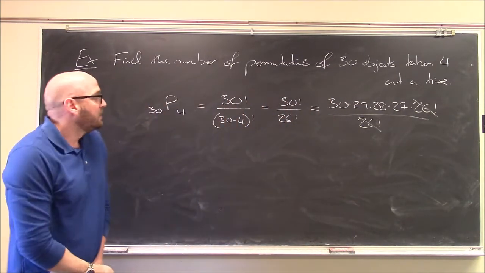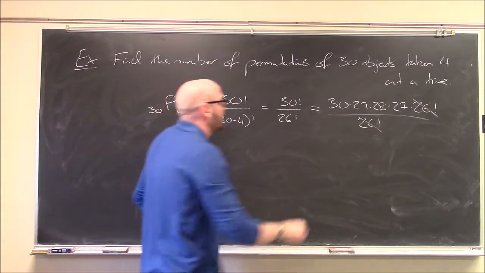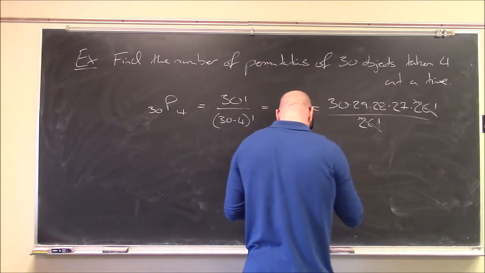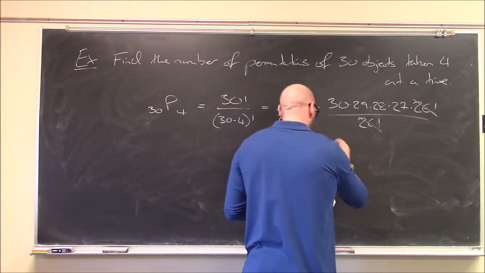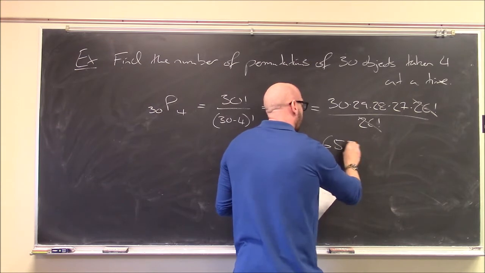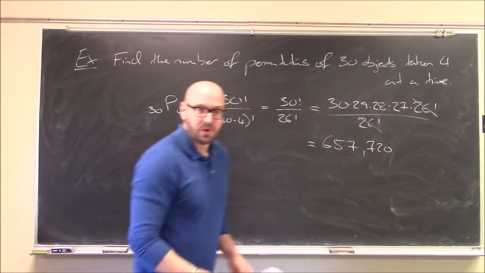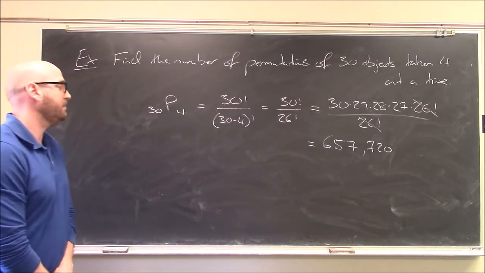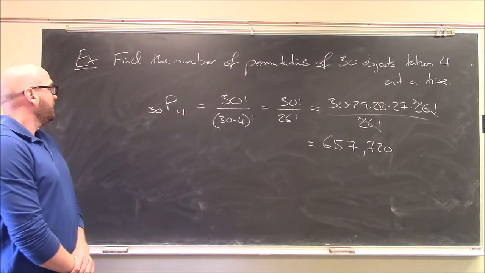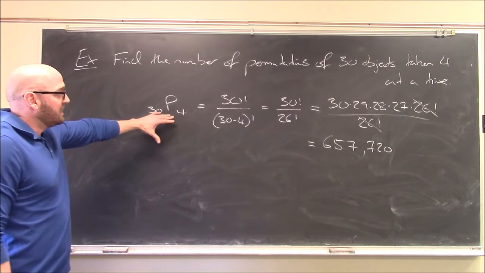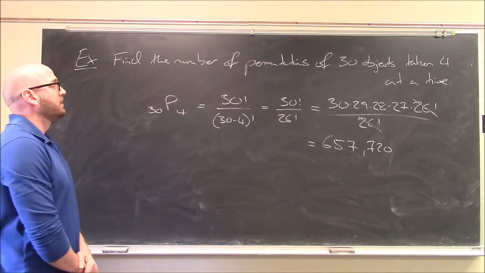Those guys cancel. This looks like a pretty big number. I would just plug this into a calculator and I get 657,720 different permutations. So as long as you understand what this expression is and how to apply it, these problems aren't particularly difficult.